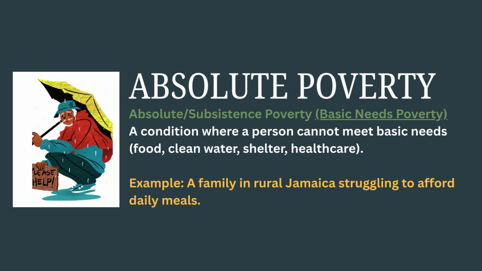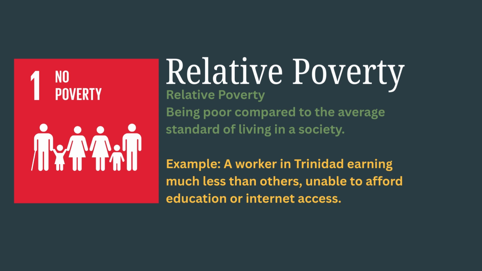Now let's move to another type of poverty. This one is called relative poverty, and you should be able to draw a distinction between this one and the one we looked at prior. Now, relative poverty, on the other hand, is a situation of being poor compared to the average standard of living in a society.